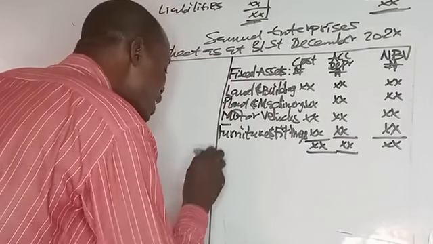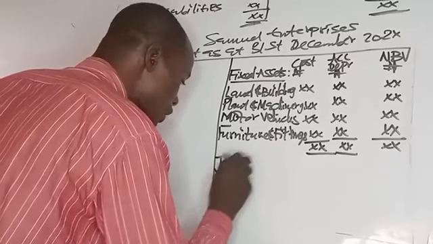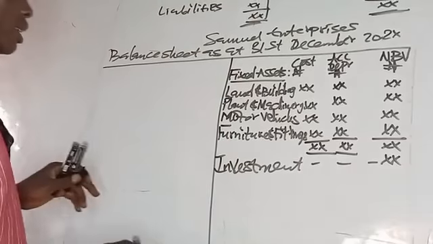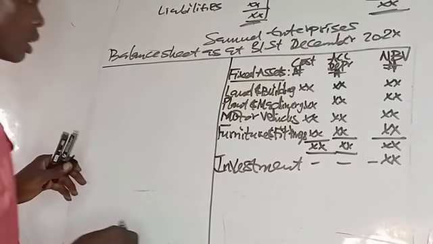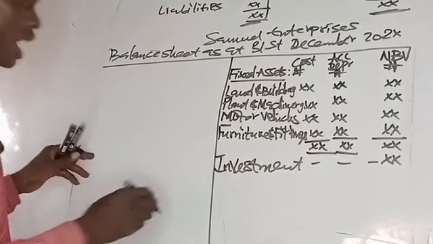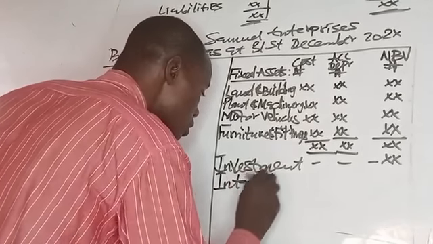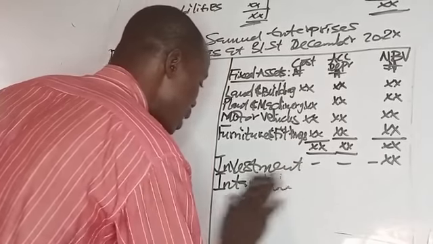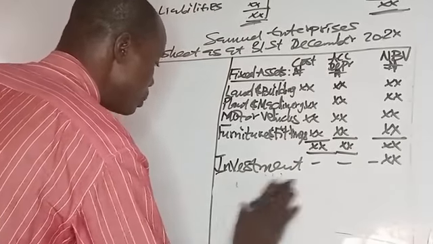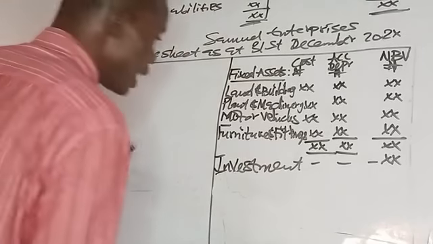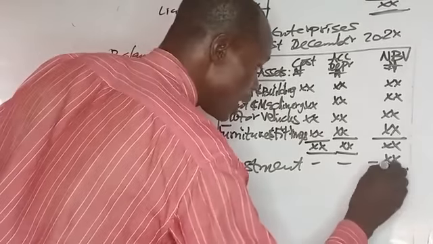If the business is making any long-term investment, you may have the investment here. Then, if the business has intangible assets, but let me leave this because it is a sole trade business. When we get to company final accounts, we will consider that. So this is the total.